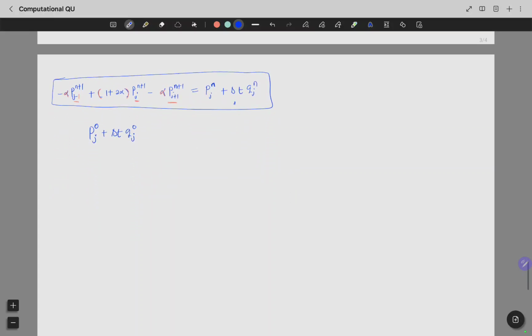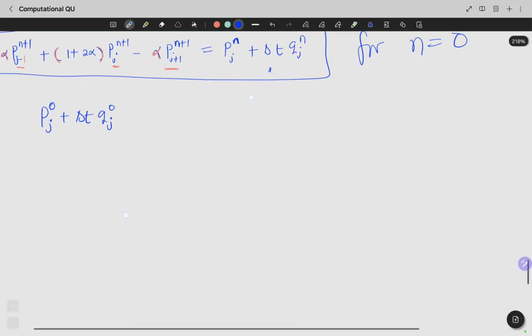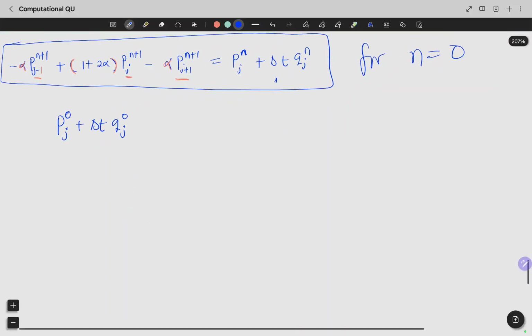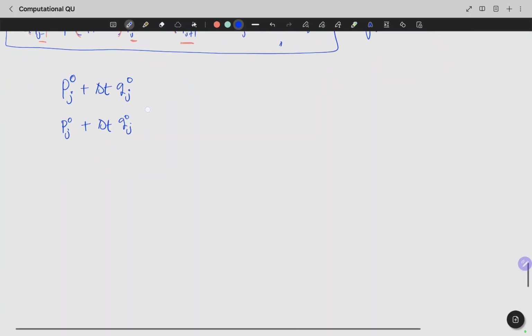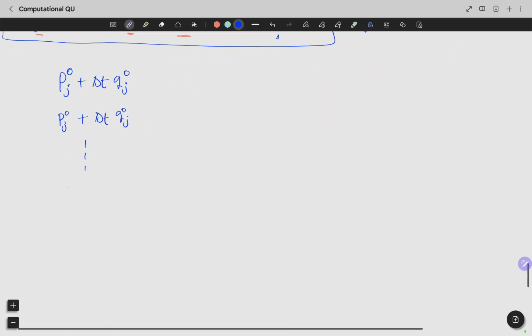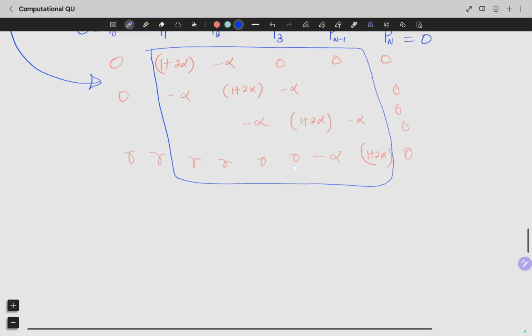So for n equals 0, for example, you have this PJ 0 plus delta T QJ 0 until you reach the end. What do you see here?